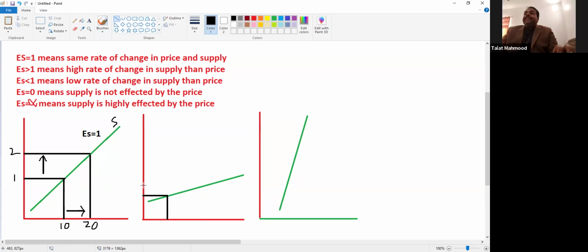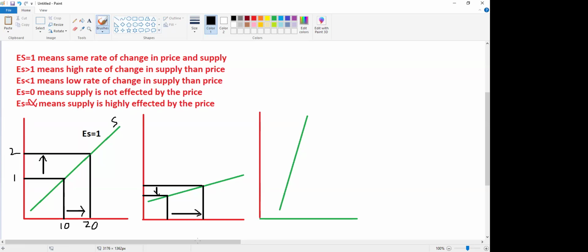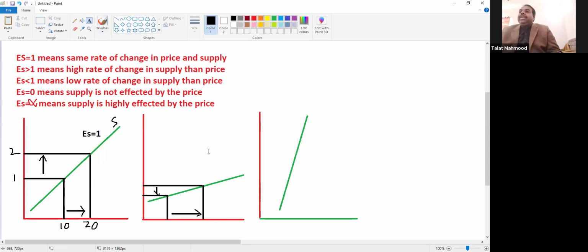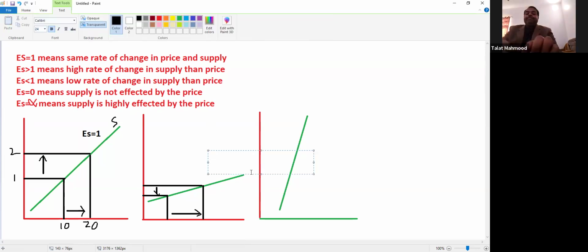Price has increased. So whether it is having more change in supply or less change, higher changes, high change in supply, so what will be the elasticity of supply?